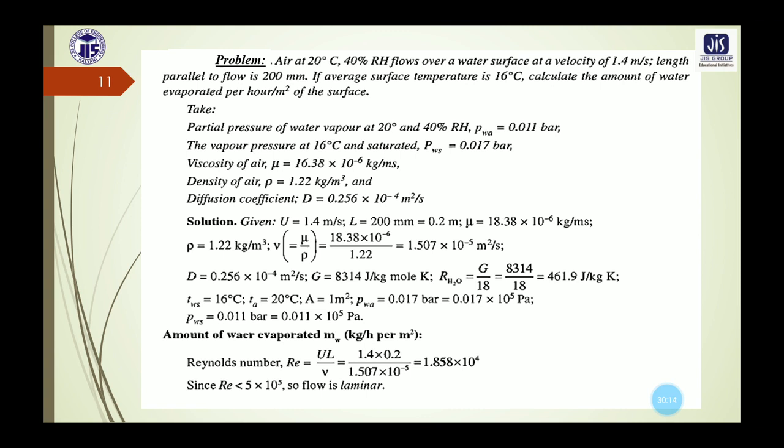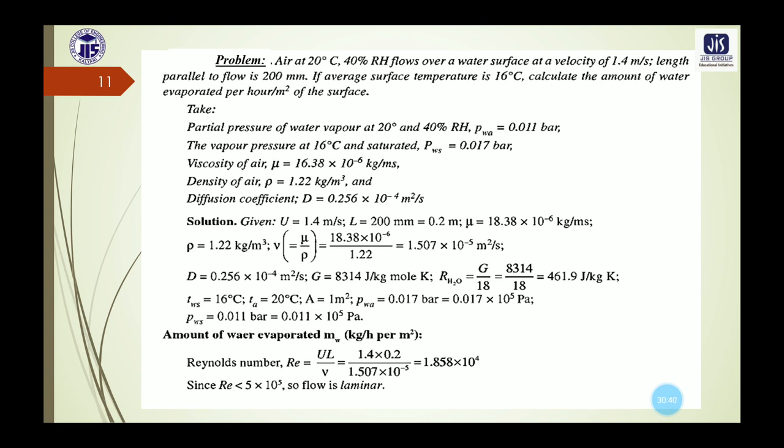So first we need to calculate the value of the Reynolds number. The Reynolds number is inertia force by viscous force, mathematically represented by UL divided by nu. So the Reynolds number we are getting is 1.85 into 10 to the power 4.